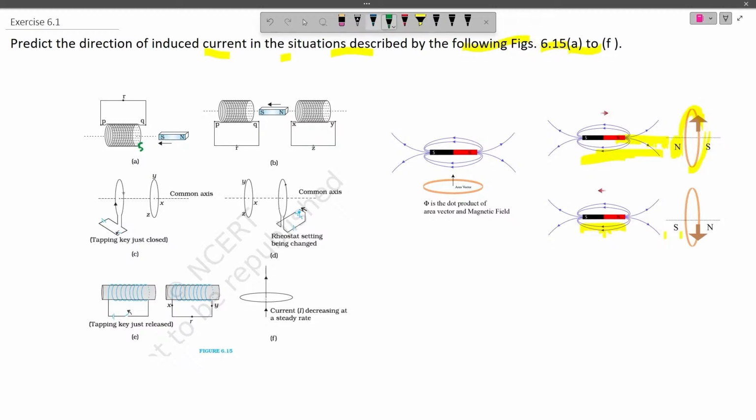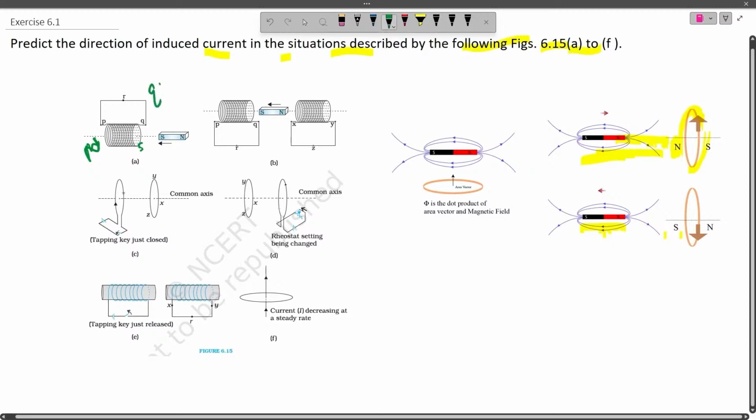So in order to create a south pole over here, a north pole must be created over here. If we apply the right hand thumb rule, we can see that in order to create a north pole on the left side, the current must flow in the anti-clockwise direction, that is QRP. So the direction of current is going to be QRP and Q again.